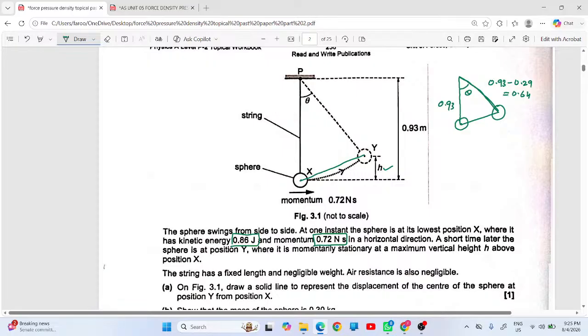और क्या कर सकते हैं इसमें? थीटा अगर मैं cos थीटा लगाता हूँ 90 का एंगल का, 90 तो ये होगा ना? Is it 90?